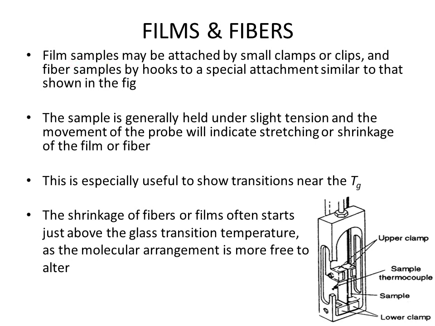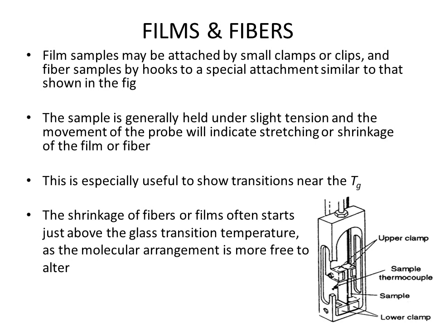Film samples may be attached by small clamps or clips, and fiber samples by hooks, to a special attachment similar to that shown in the figure. For example, here is a film sample in the form of a thin film that has been introduced over here, and it is grabbed by using clamps. Here is the lower clamp and here is the upper clamp.